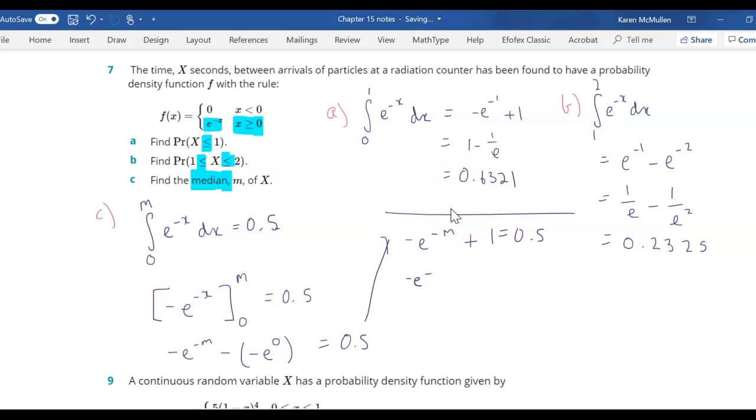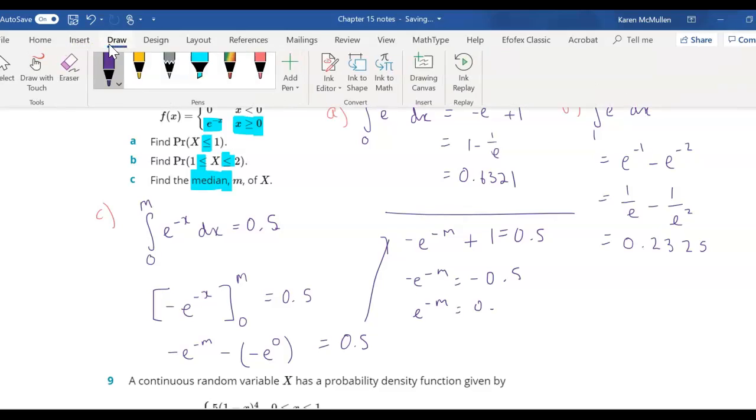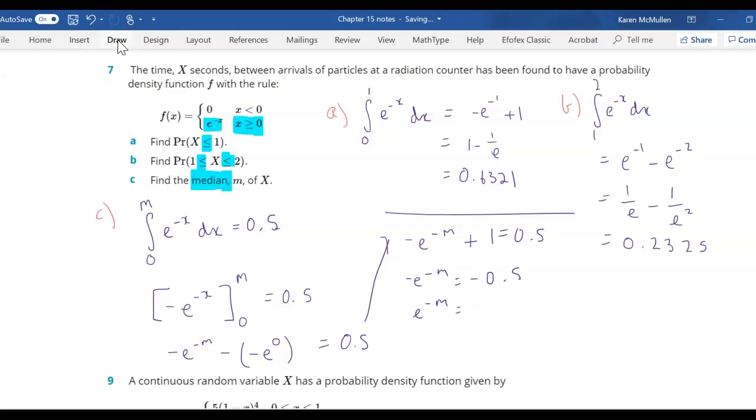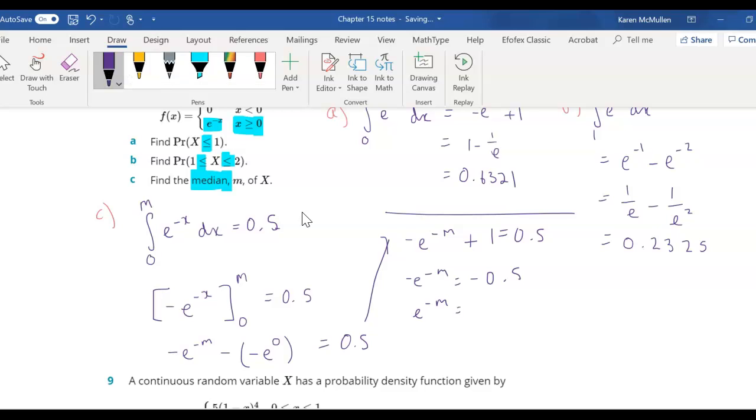Now I was going to do some fancy stuff there, but I won't. So we've got negative and a negative, so I'm going to turn them both into a positive. I'm not a fan of decimals, so I'm going to rewrite that as a fraction.